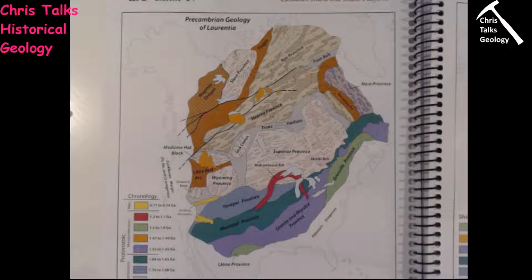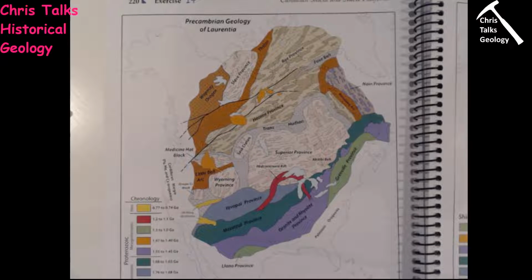These are terms you're all familiar with now if you watched the lecture. And you know that all of these provinces combined make up the geology of the Precambrian continent of Laurentia. Laurentia, of course, became North America when we transitioned from the Paleozoic into the Mesozoic.